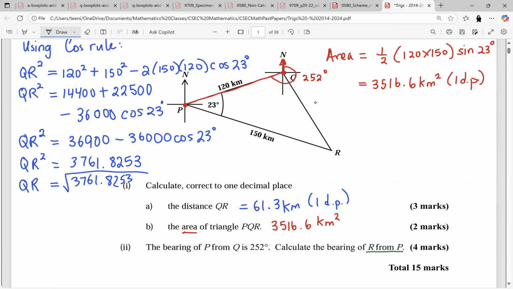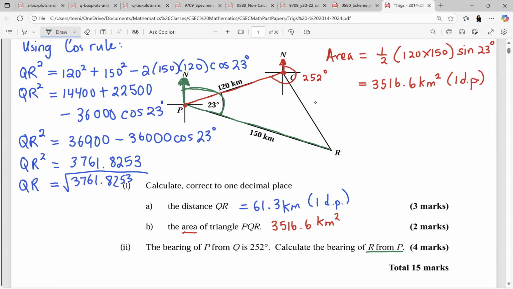So the starting point is at P, and the bearing of R from P would be this whole angle, between the north line at P and the line PR. There are a few things we could figure out here.